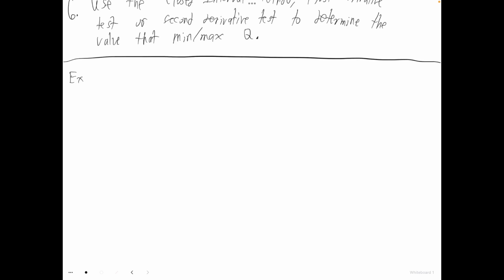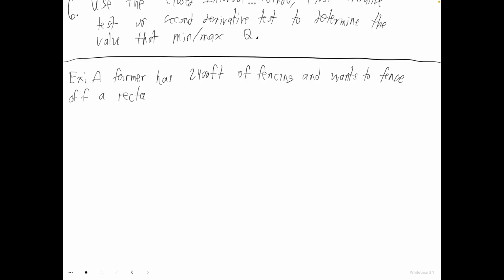And so the first example is we have a farmer who has 2,400 feet of fencing and wants to fence off a rectangular field that borders a straight river.